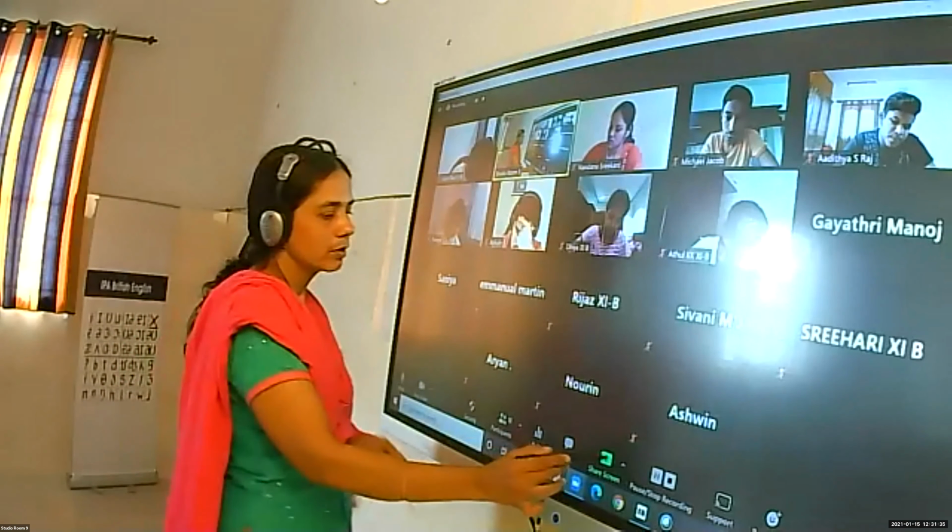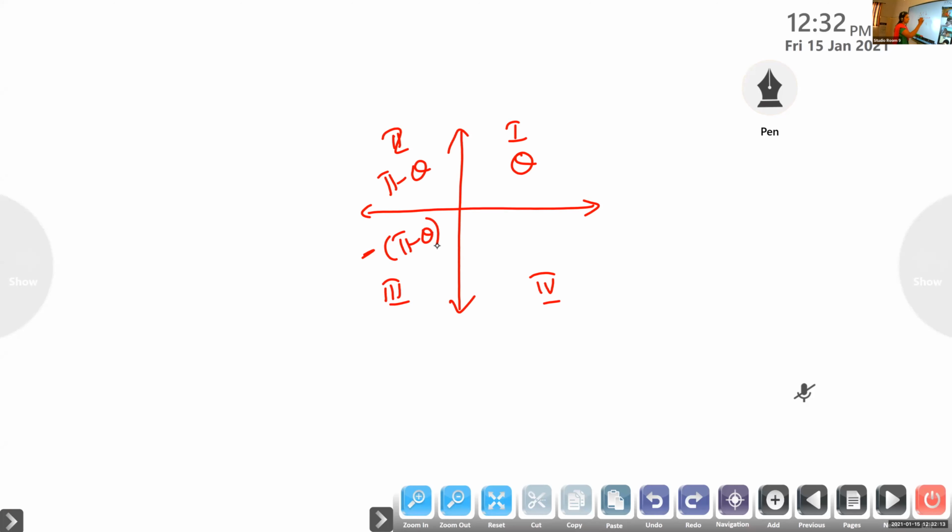Here it is pi minus theta. There we wrote pi plus theta, isn't it? Here it is minus of pi minus theta. This is minus theta. Theta, pi minus theta, minus of pi minus theta, minus theta.